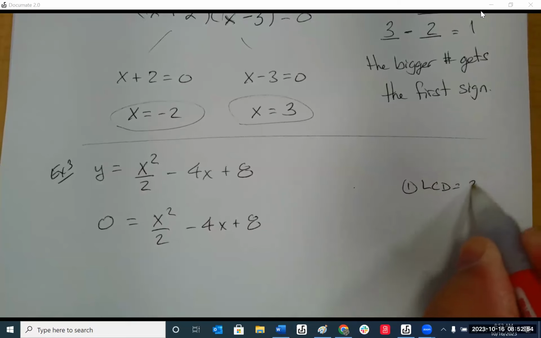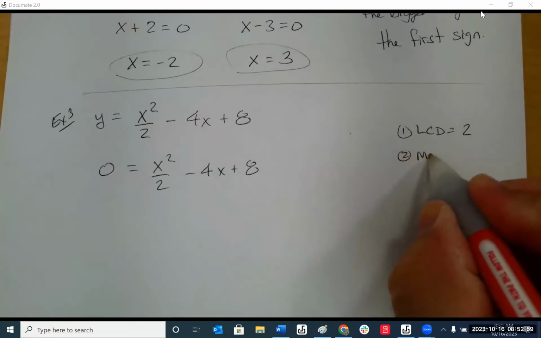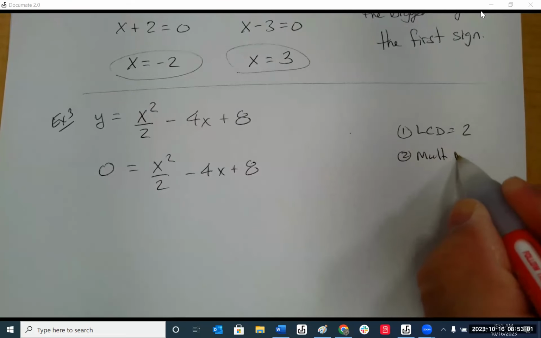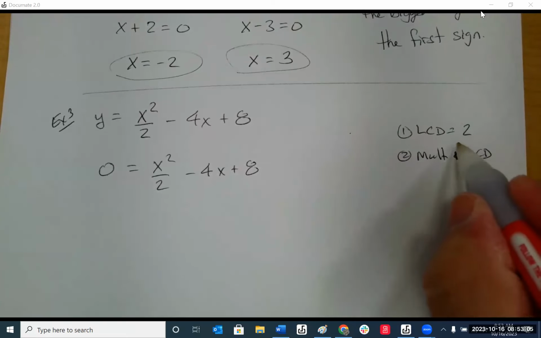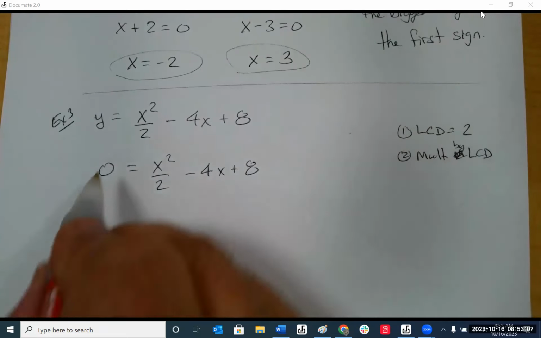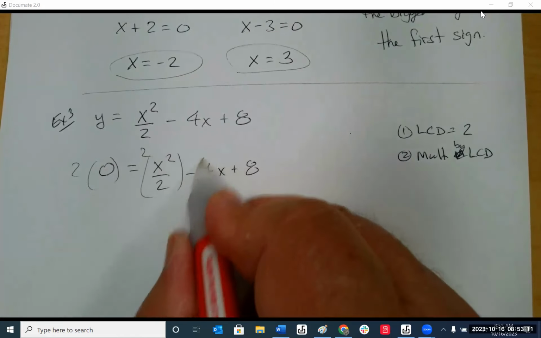Find the LCD. Multiply each term by the LCD. So each term on both sides, everybody gets a 2 in front of them.